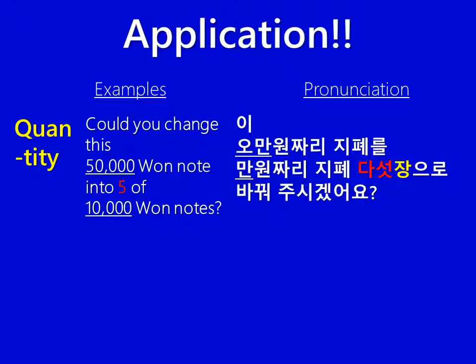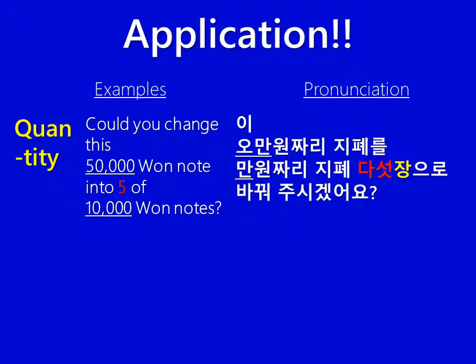Now this is useful. It's a little bit long, but I think it will be useful for you. Say you've got a big note and you want to change to smaller notes, so you go to any shop or exchange bureau and say, could you please change this 50,000 won note into 5 of 10,000 notes, please.